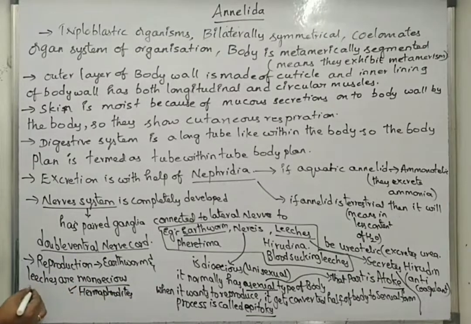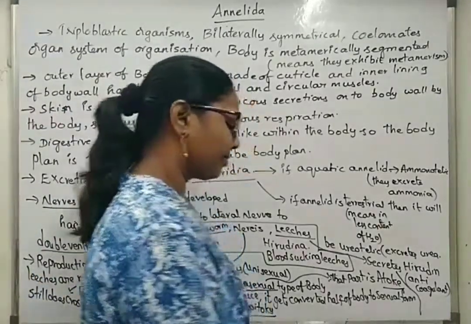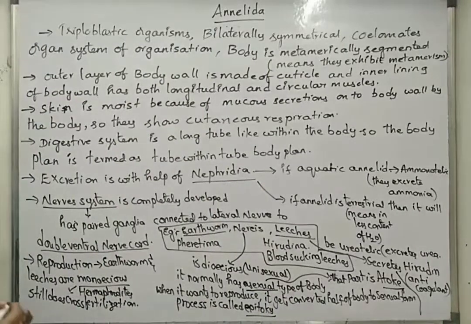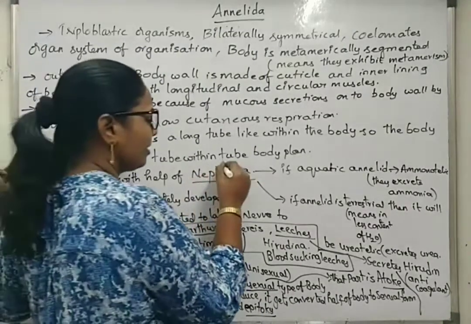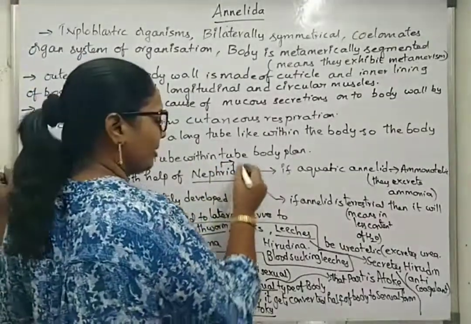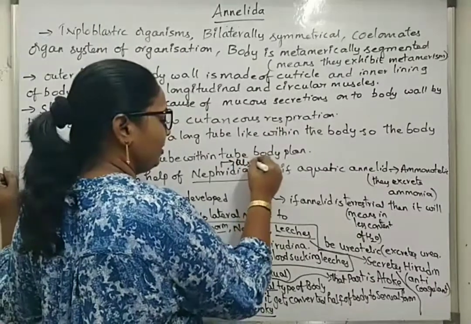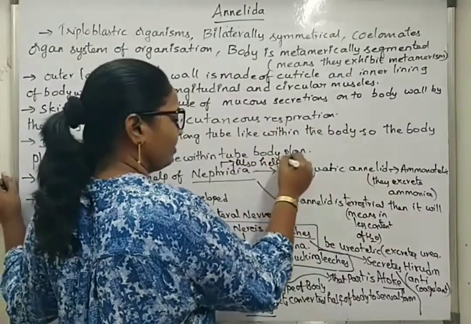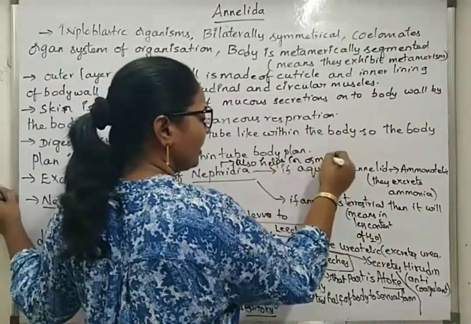Still, they do cross fertilization. Next, excretion is by nephridia. Nephridia help in osmoregulation and excretion from the body.